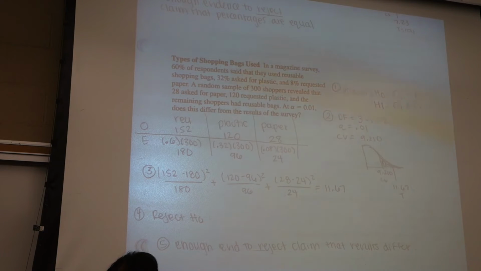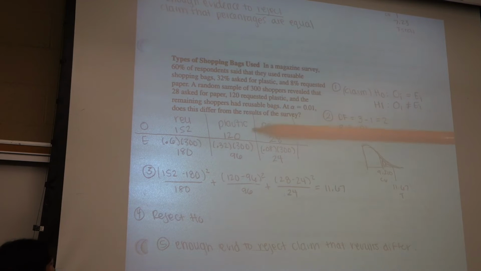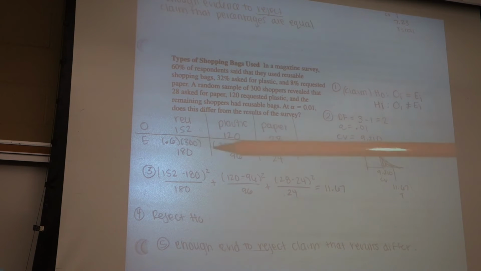For your observed, you have 120 plastic, 28 paper, you have 300 shoppers, so you're going to add that, and then the remaining, 300 minus 148 is 152. After that, it gives you 60%, 32%, and 8%. You gotta multiply it by 300, because that's the total shoppers, and that's how you get your expected.